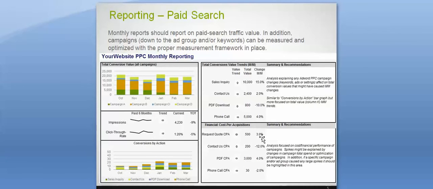changes. So if the value, for an example, let's take a different one now, phone calls. Let's say we received 50 phone calls and valued them at 100 each. That's 5,000 here. Well, the value of the phone call goal conversion that pay-per-click brought in was 5,000 for last month.